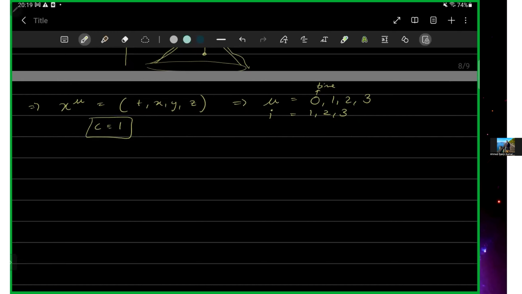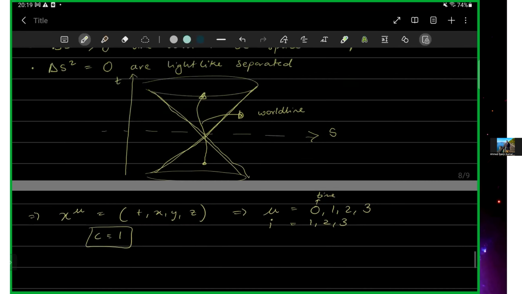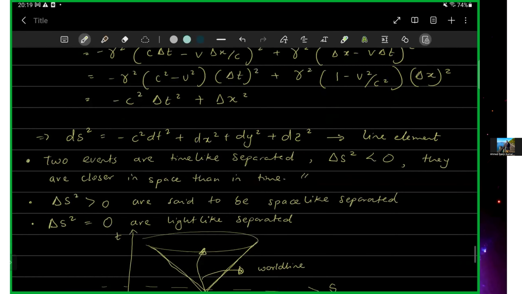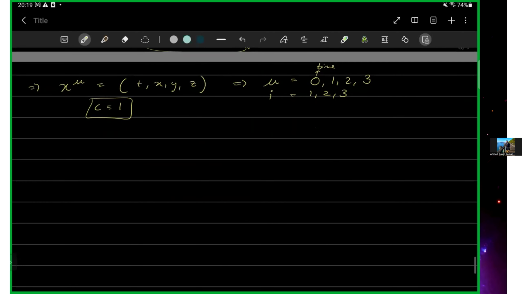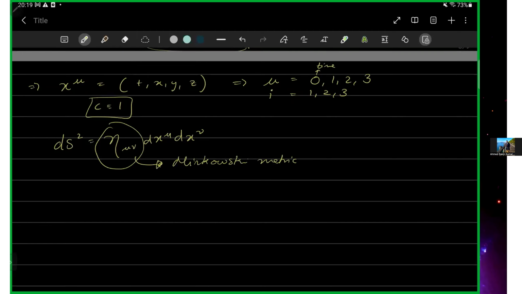Now we can write the line element, which I wrote over here, ds squared, using tensorial representation, using the metric for special relativity, which is the following. So this is in tensorial representation. You can see that I have the indices now, right? Where eta mu nu over here is called the Minkowski metric, which is basically the metric for flat space.